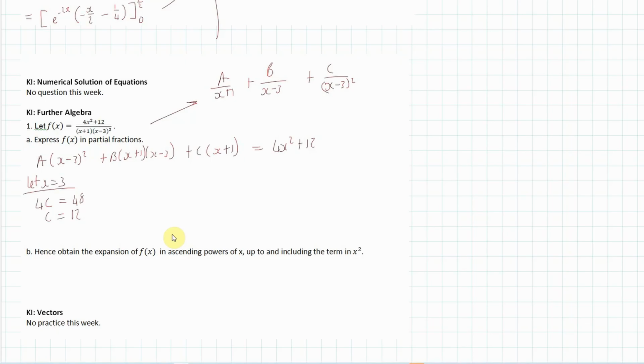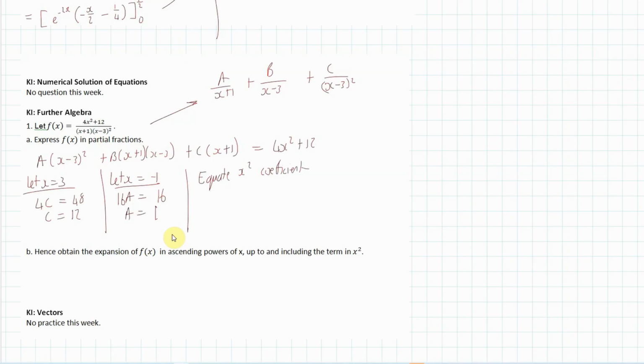Then we're going to let x equal -1, and so this will drop out our C and B, leaving us with 16A equals 16, so A equals 1, and then equate the x squared coefficient.